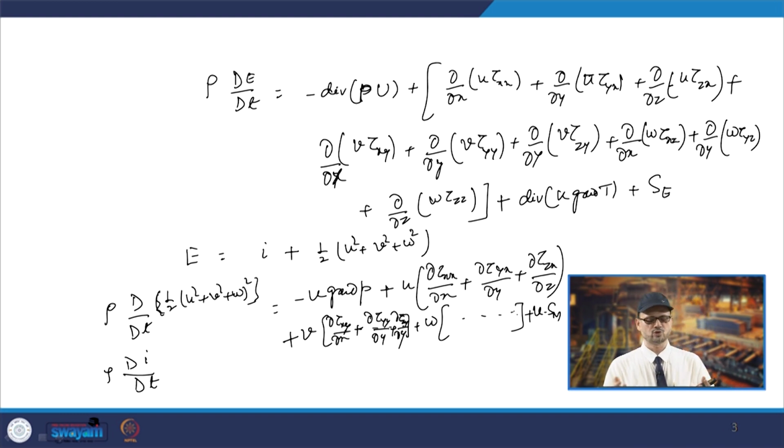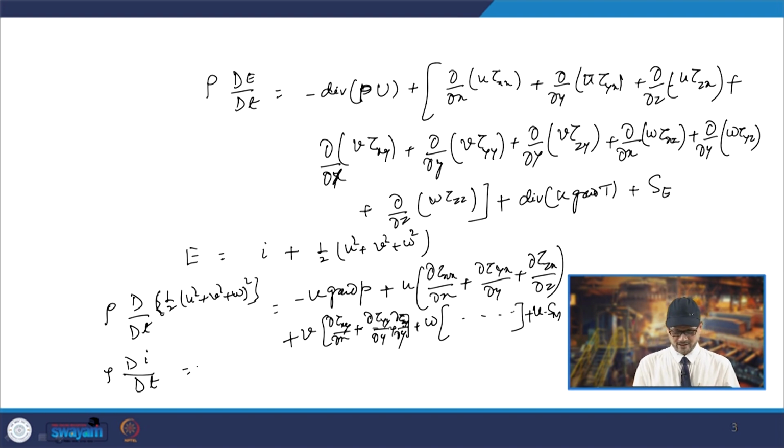Similarly for w also these terms will come. Those components will be for the d/dt of half of (u² + v² + w²), the kinetic energy part, and for the internal energy part you will have other terms coming.